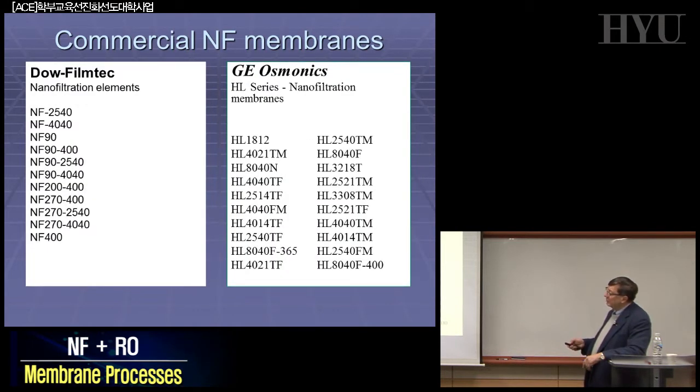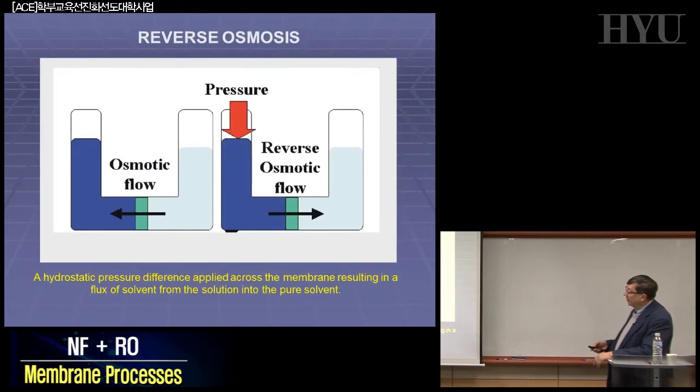Dow is another company producing these elements. Here I'm talking about elements because you will never see the membranes. What you have in your hands normally is a module block. You don't see anything inside, with an entrance and exit, and inside there are your membranes. And General Electric, again, you see, has a lot of this material.